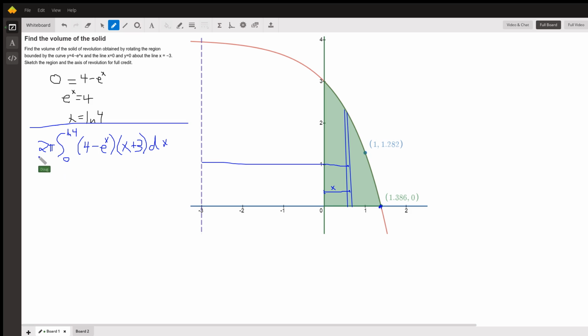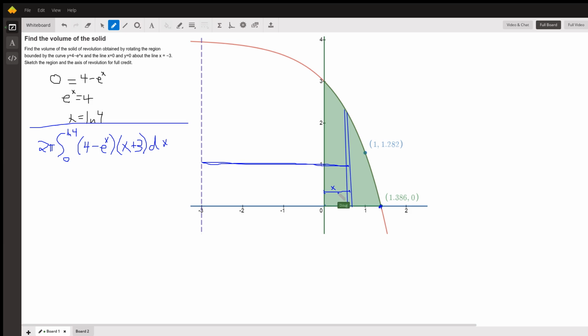And that technique says to take 2 pi, definite integral, from, in this case, 0 to the natural log of 4 of the height of the shell, which is this distance right here from the y-axis up to f of x, or 4 minus e to the x, times the average radius, that is the distance from the axis of revolution to the center of the shell.